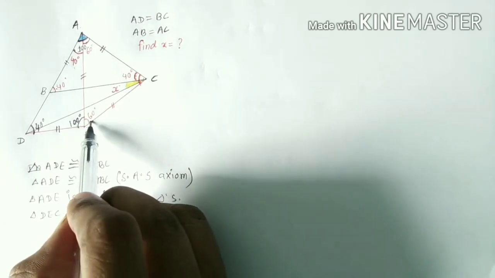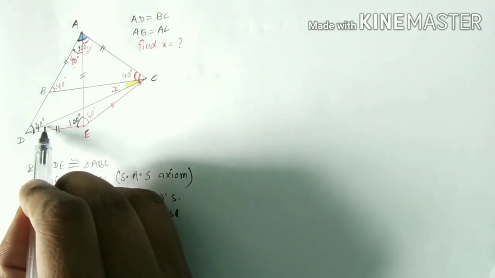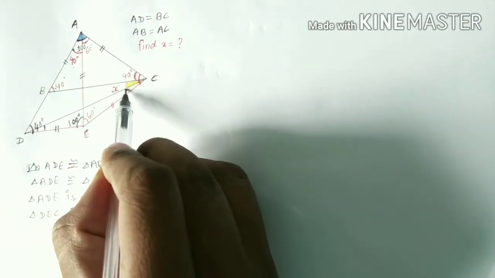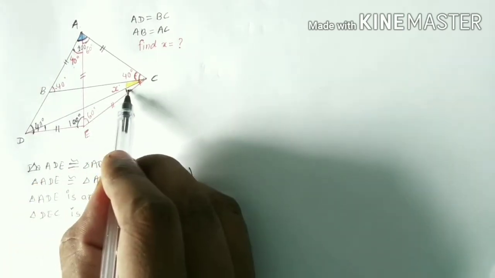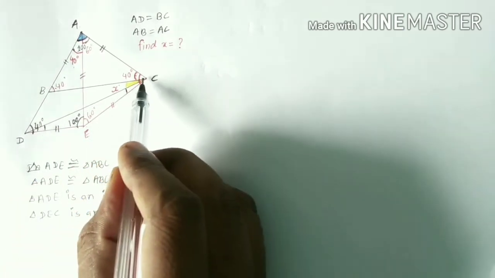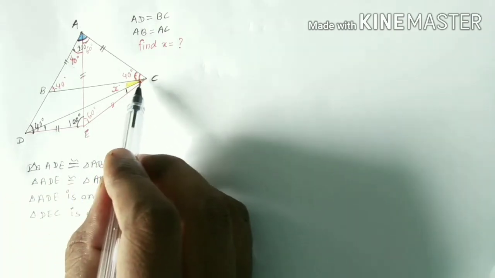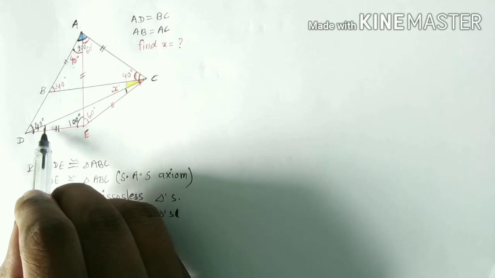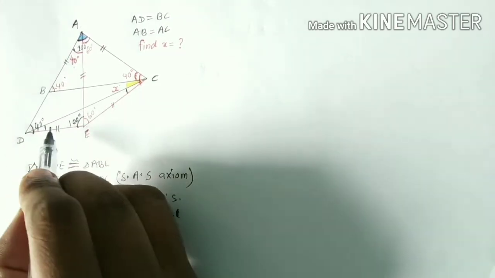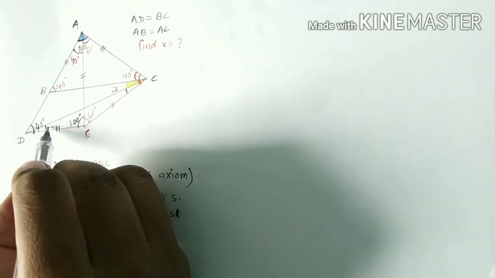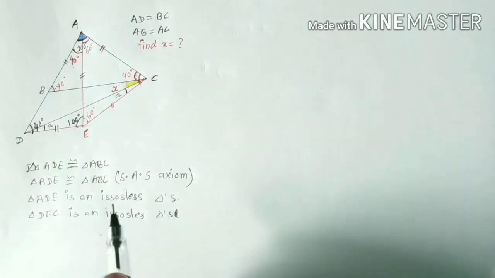So this whole angle is 160, and these angles will have equal value because this is an isosceles triangle, and as we know the base angles of an isosceles triangle are equal. So if we let these angles be A, then these angles will also be A.